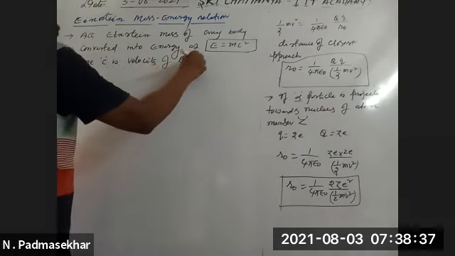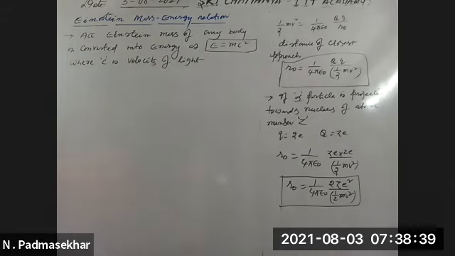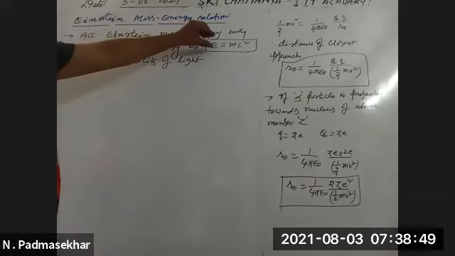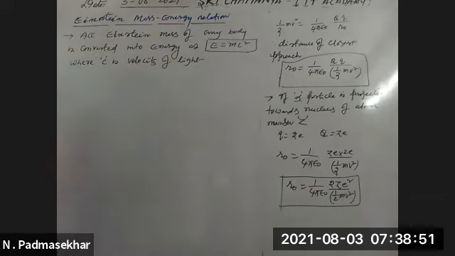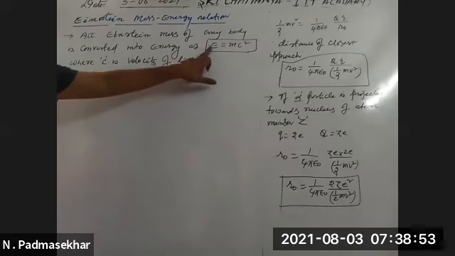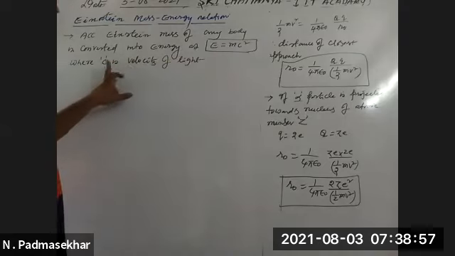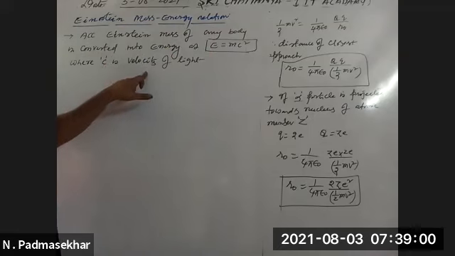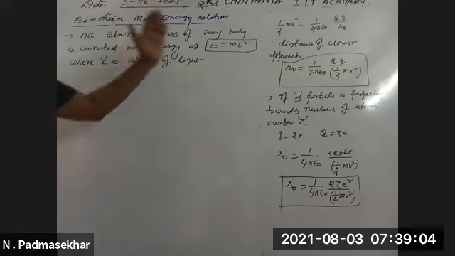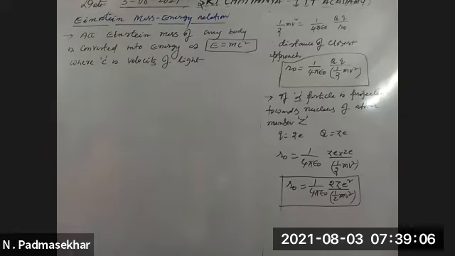So any mass is converted into energy as E is equal to m c square, where c is the velocity of light. That is the Einstein mass energy relation.